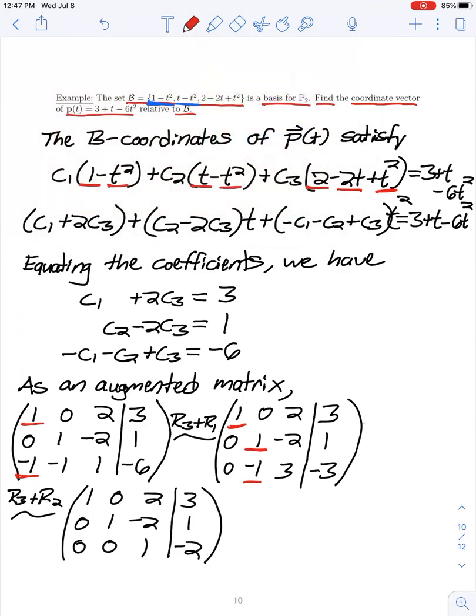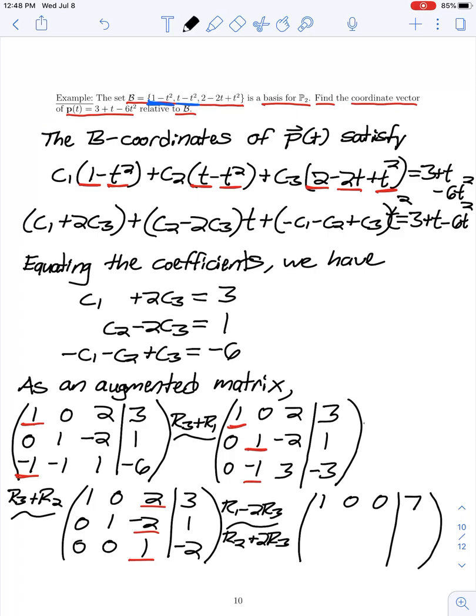I need one more step where I'm going to use the 1 as the leading coefficient in our third row to kill off the negative 2 and positive 2 that appear above it. So here, if I take row 1 minus 2 times row 3, or row 2 plus 2 times row 3, I have a first row of 1, 0, 0, 7. Second row of 0, 1, 0, and negative 3.